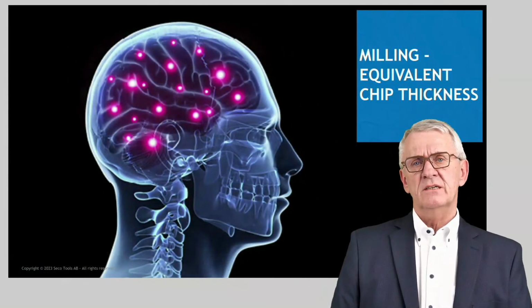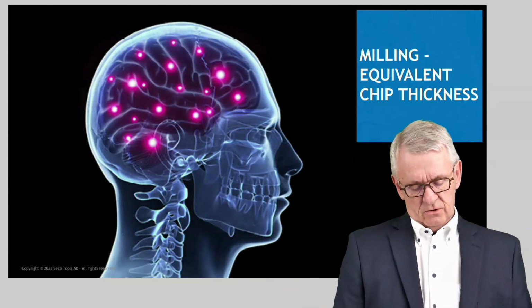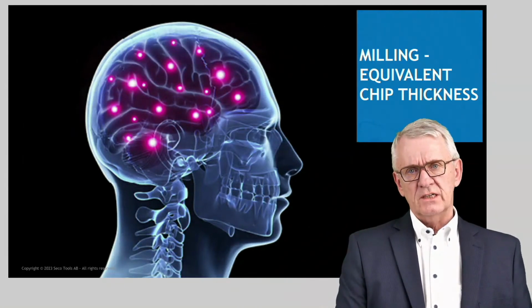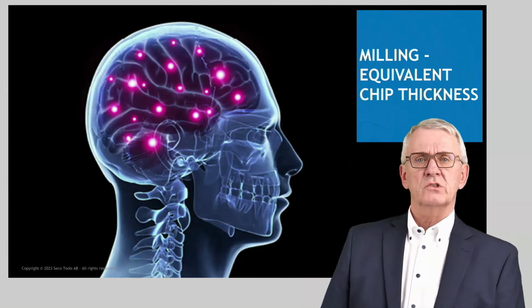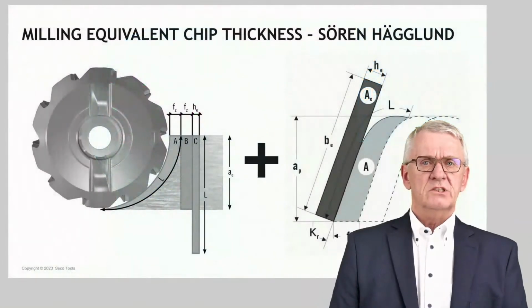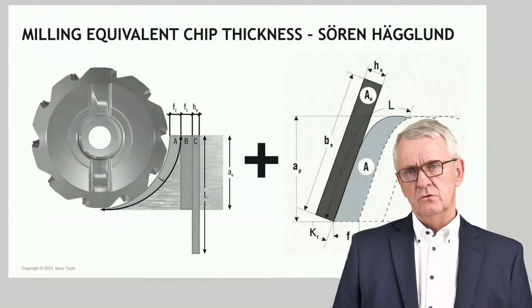Interesting that in two situations people followed the same way of thinking. In milling today we talk about equivalent chip thickness, and I want to mention this because it's very important to realize that what we call average chip thickness, which I already defined, and the equivalent chip thickness, see the Woxén model, are different. Well, there is a gentleman, Sören Hägglund, who worked on these things and he combined the two.